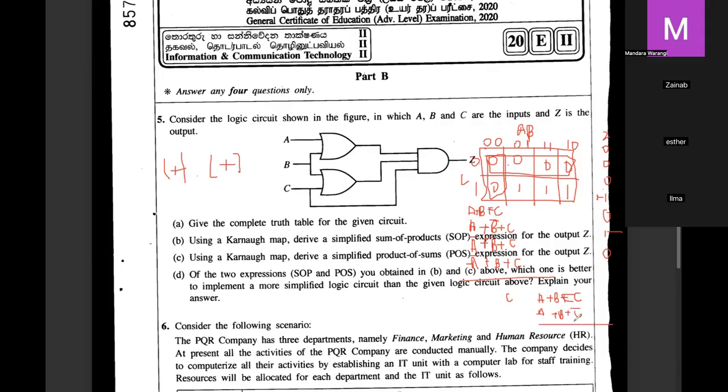So the output would be A plus B dot C, the product of sums. Are you clear with this?